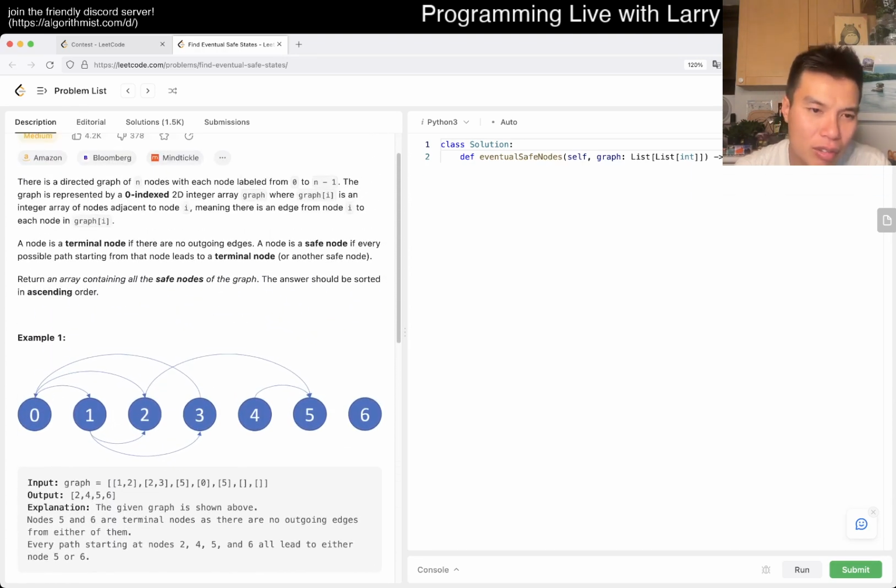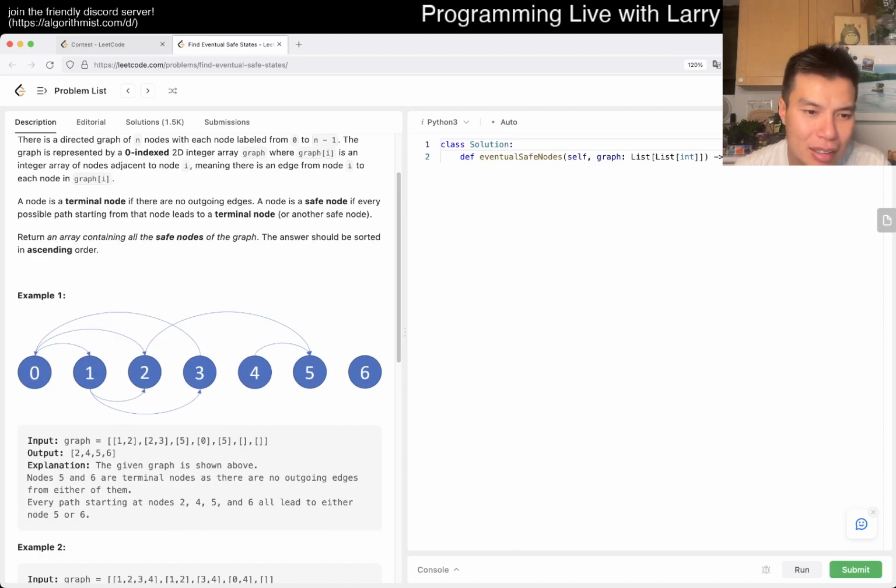Because I can't tell if it means that... okay, 2 goes to 5 and 6. But 0 goes to 1, which is not a safe node, I suppose. So 2 is a safe node, and then, I don't know. It feels very awkward, to be honest.